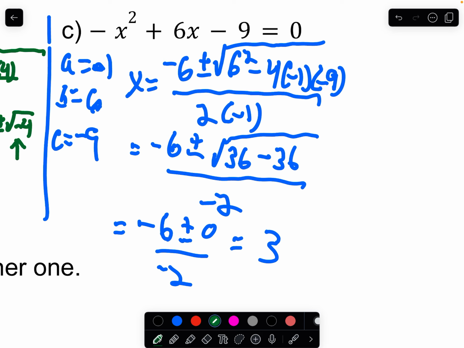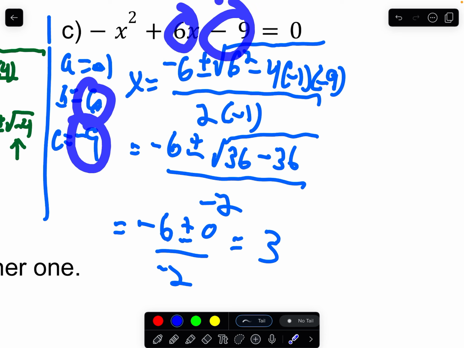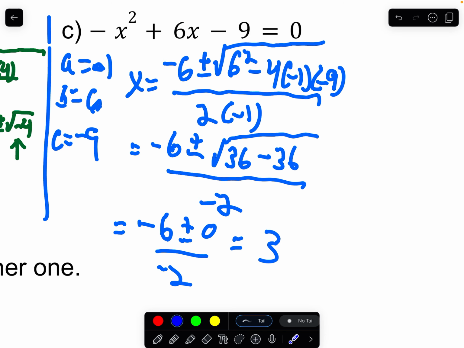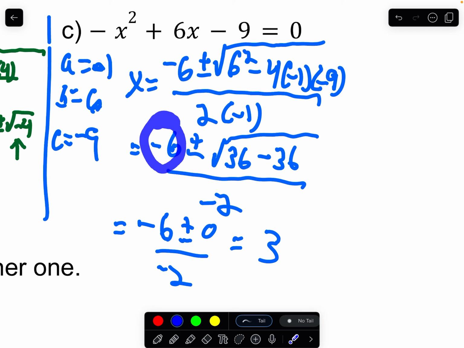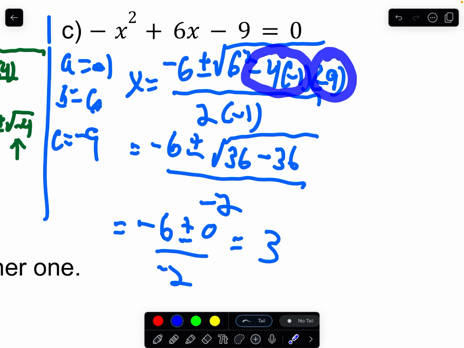Here's another one. A is negative 1, right there. B is 6, and negative 9 is C. Plug it into the quadratic formula. You get this kind of weird-looking, ugly, numbered expression. But you have a calculator. You get the opposite of B is negative 6. Now 6 squared is 36. And then negative 4 times negative 1 is a positive 4, times a negative 9 is a negative 36.